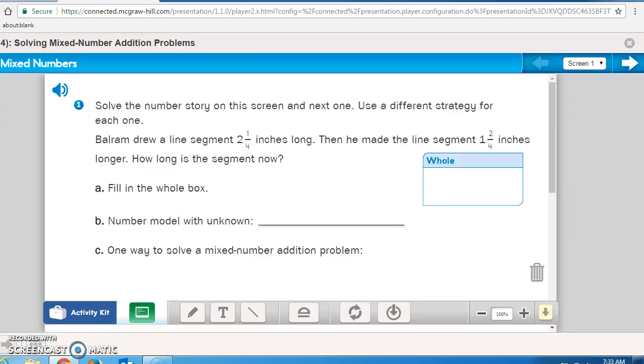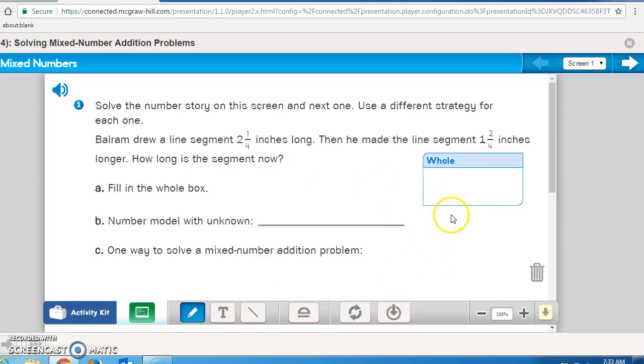It reads, Balram drew a line segment 2 1/4 inches long, and then he made the line segment 1 2/4 inches longer. How long is the segment now? Fill in the whole box. Well, the whole box, we're going to be looking at how long is the segment now.